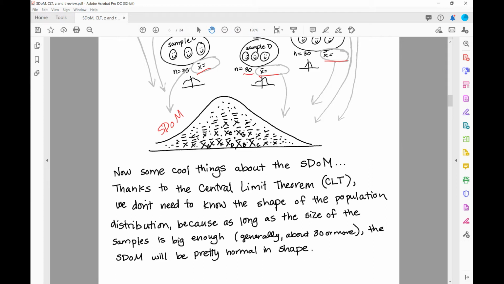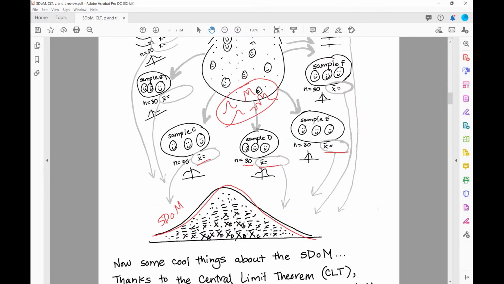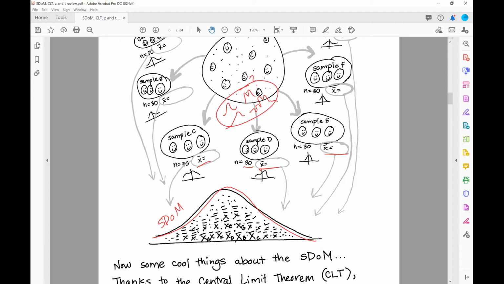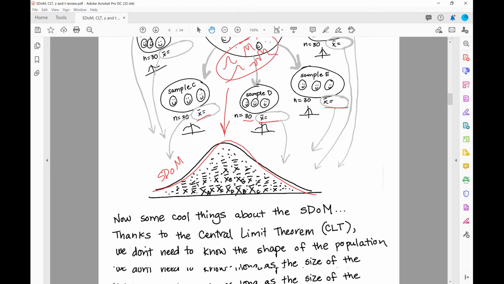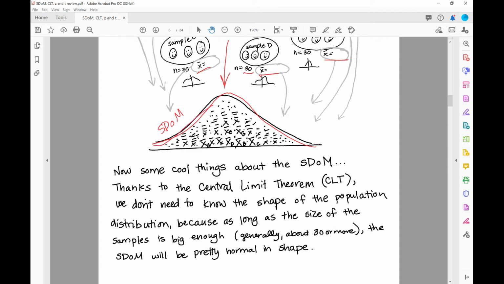As long as they're big enough, then this shape is always going to come out this nice, pretty bell normal shape. So again, doesn't really matter to us how the population is shaped, because we know when we take that sampling distribution, as long as our samples are big enough, we're going to get this nice, pretty normal shape. Okay.